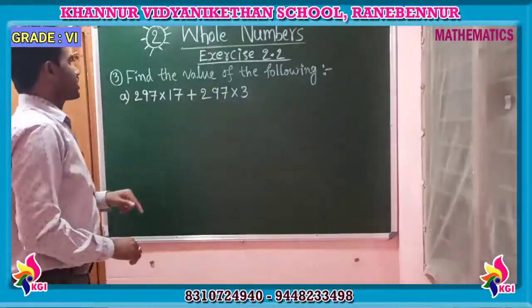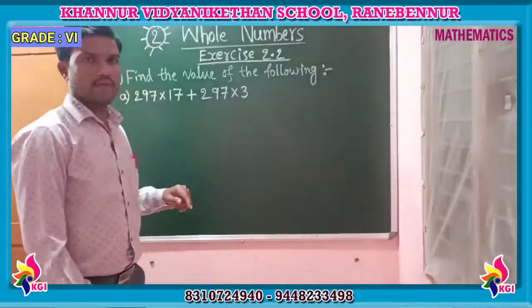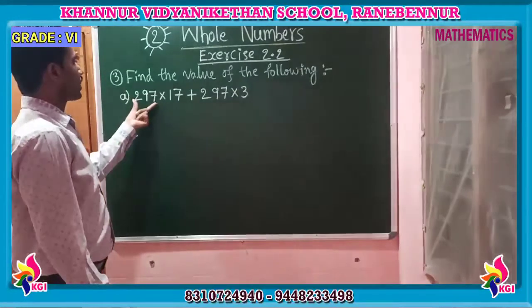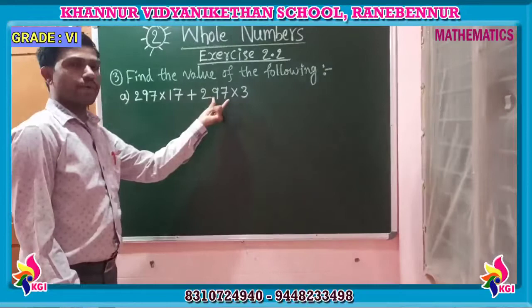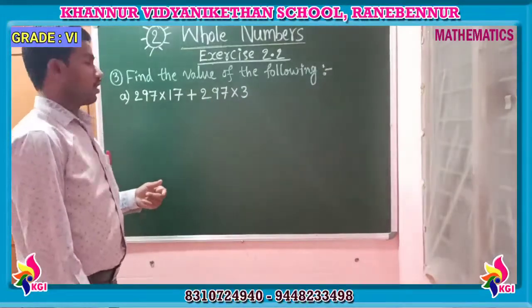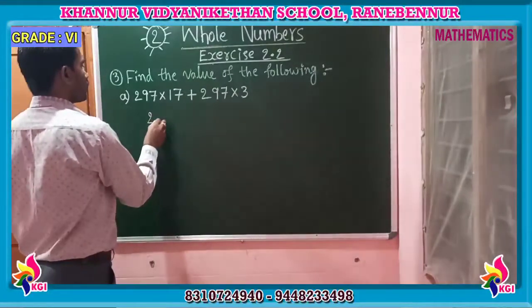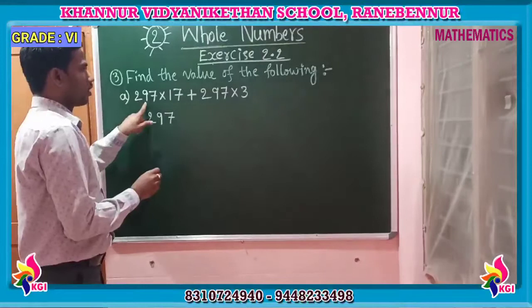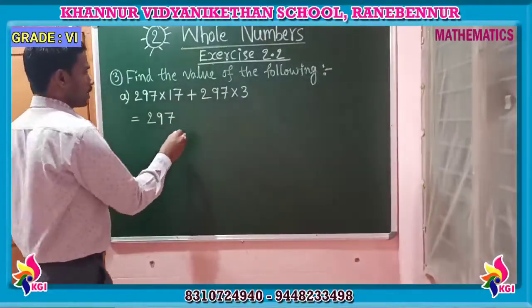Yes children, this is your third main. Find the value of the following. The first question A is like this: 297 into 17 plus 297 into 3. What you do? First of all, you take 297 common, because both sides 297 is there.